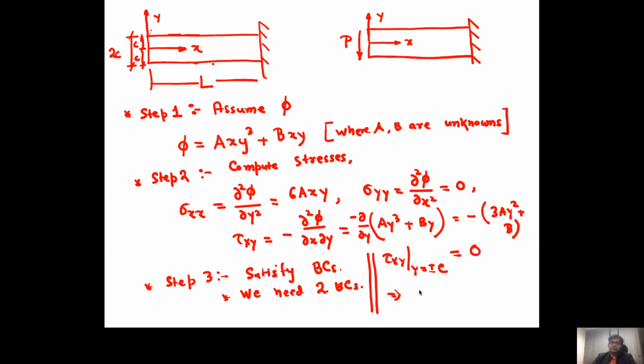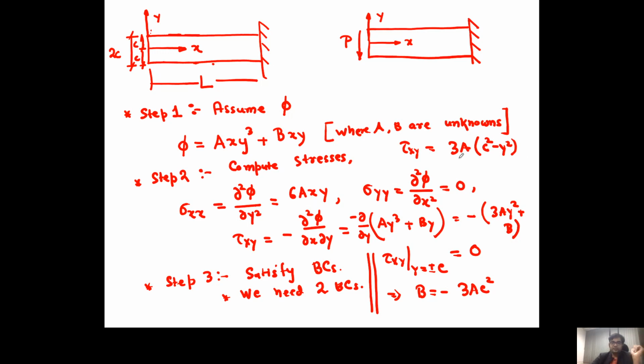Which implies b is equal to minus 3a c square. So you now have one relation, b equals minus 3a c square, which means your tau xy, once you substitute b, is 3a times c square minus y square.